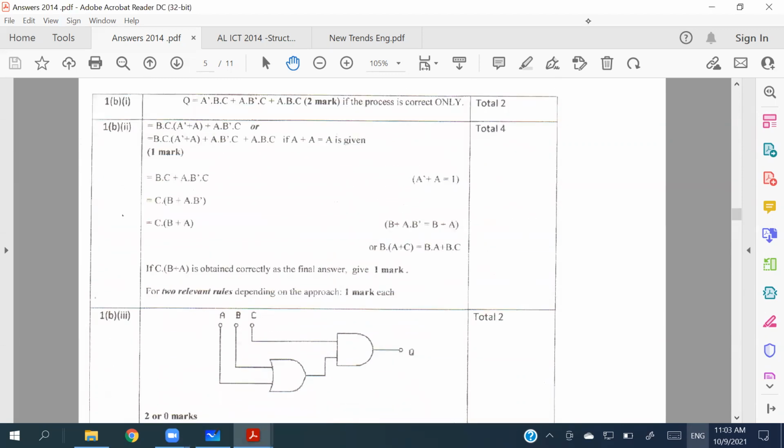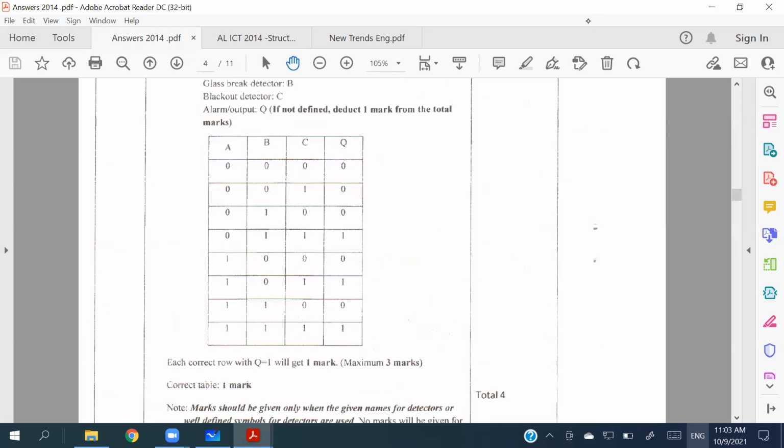What we should argue is, if you are referring to the truth table, these are the alarm triggering parts. So in all the alarm triggering parts, the blackout sensor is indicating 1.